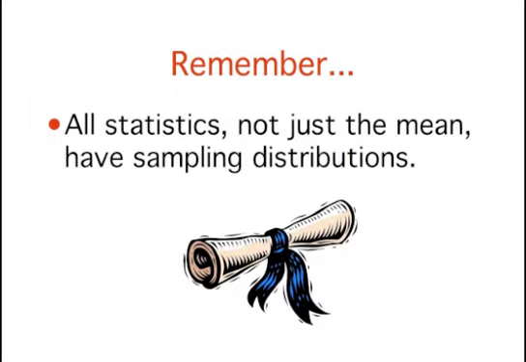And last, keep in mind that all statistics, not just the mean, have sampling distributions. In later sections, we'll be discussing the sampling distribution of the difference between means and the sampling distribution of Pearson's correlation, among others. We hope that you now have a sense of the concept of a sampling distribution and its potential uses.